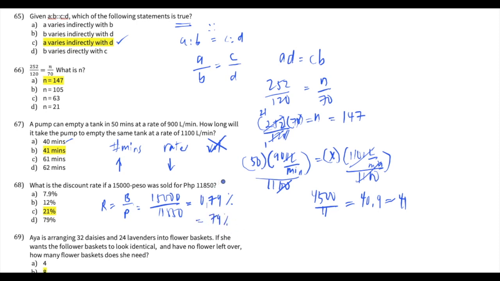Ito yung rate ng this one. We're looking for the discount rate. Okay, ito yung discounted price. But we're looking for the discount rate. Magkano ba yung discount? You can either subtract 11,850 from 15,000, then yun yung ilalagay mo as percentage, or you can, for the rate here of this one, which is 79%, then just subtract it from 100. So 100 minus 79, that's equal to 21%.